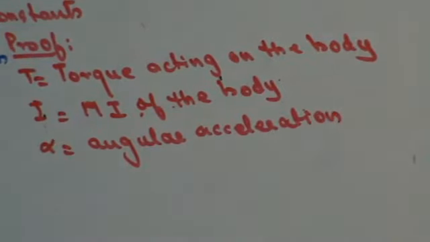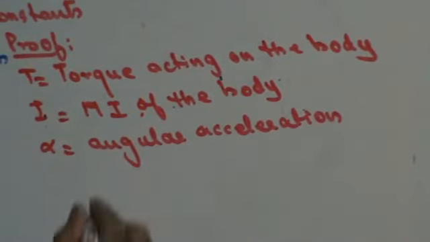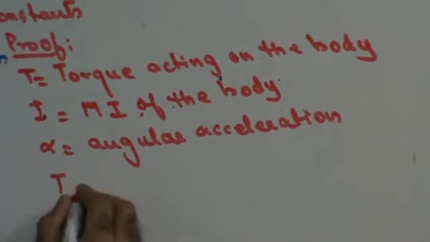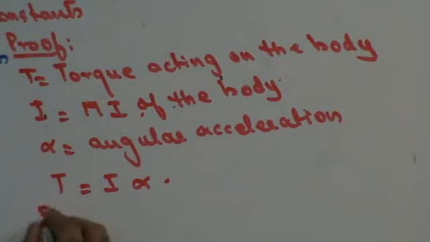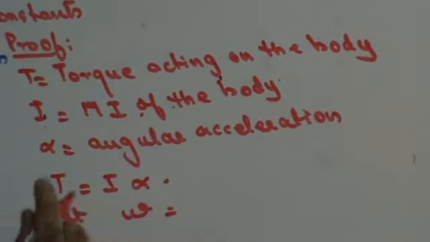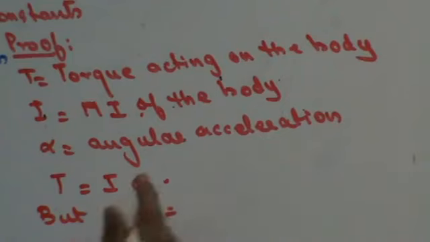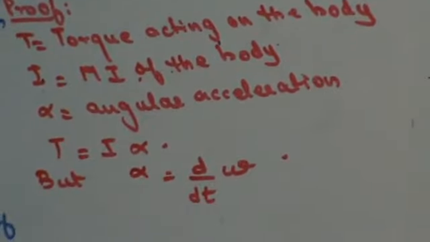In that case, T is nothing but I alpha, right? But angular acceleration is the rate of change of angular velocity, therefore alpha is nothing but d by dt of omega, right?